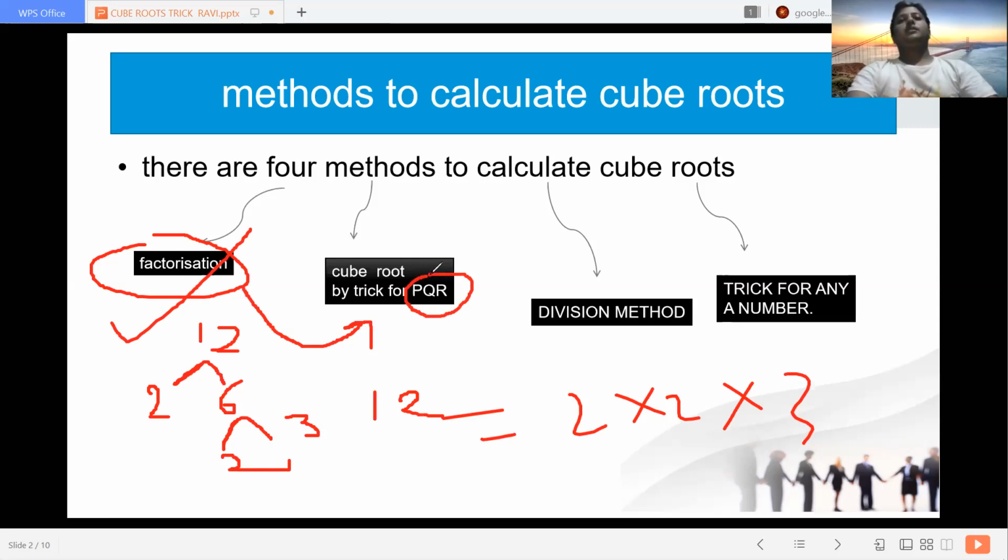Number may carry 2 digits, 3 digits, 4 digits, 5 digits, 6 digits, and we can calculate easily without doing factor tree or factorization method. After that we have a general process, the division method. This is a long division method similar to the calculation for a square root.